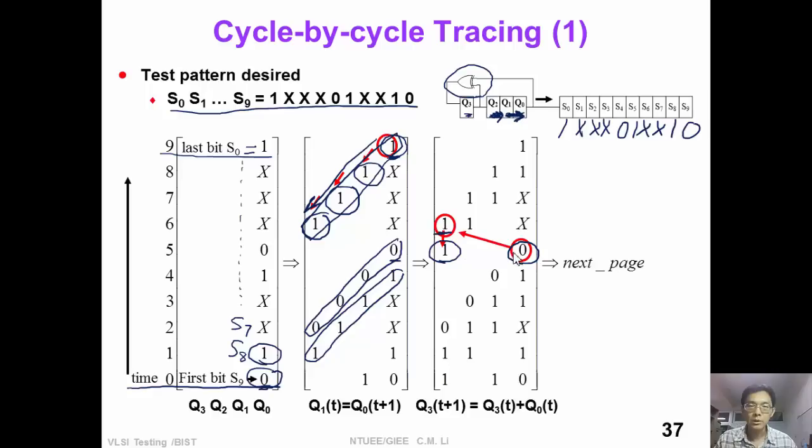So since we already know that this bit is 0 and this bit is 1, we know that this bit is 1. So Q3 at time 5 must be 1. Similarly, we can work all the way up here. We can fill up this diagonal line. And then we continue to the next page.